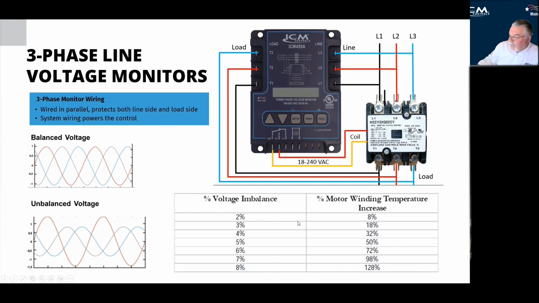And that's pretty significant, and that's just with a 2% imbalance. Go all the way up to 5%, you're at a 50% increase in the temperature of the motor windings. As you can expect, that could cause damage very quickly, taking out compressors, motors, everything else. So it's very important to have a device like this to monitor that and drop it out if that condition exists.